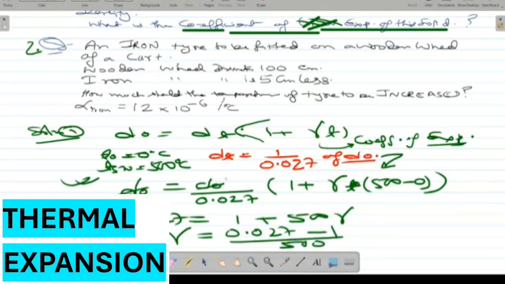Gamma is the coefficient of expansion. So this is your answer, students. This is the coefficient of expansion in this case, and it comes with a negative sign, because the density is decreasing with the increase of temperature. So we are getting the answer, right?